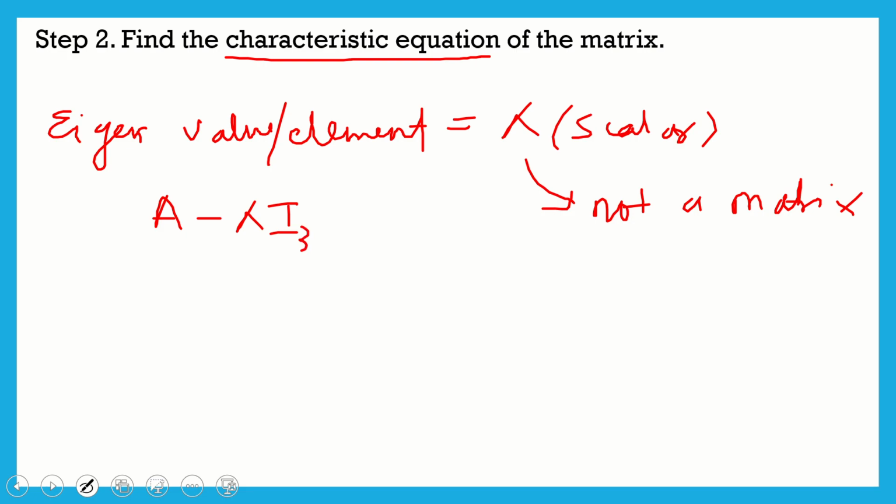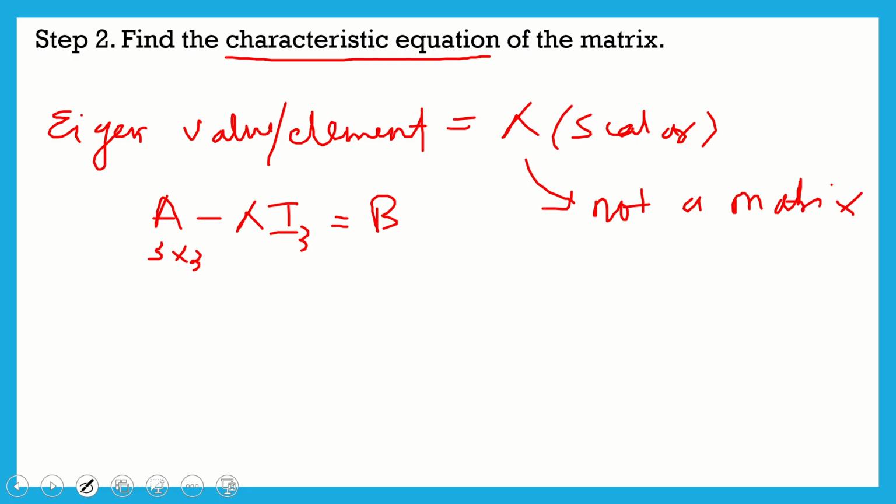A minus lambda times I3. So what we should do, we will find, if you solve it, a matrix B. It is also a 3 by 3 matrix.